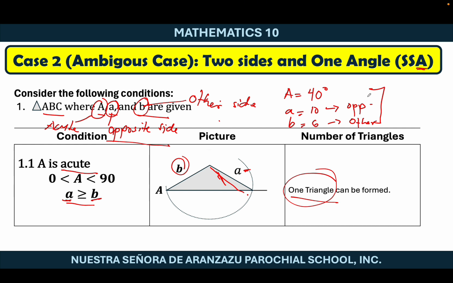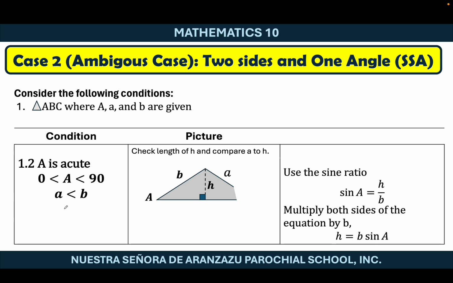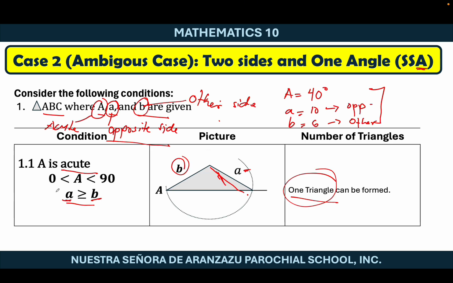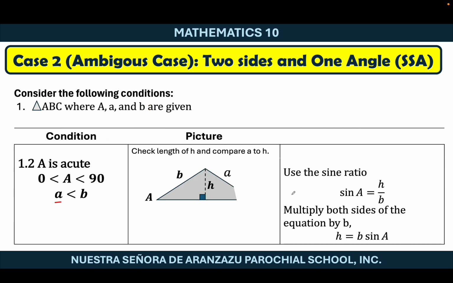Naintindihan? Okay, next. Dito sa first criteria, basta greater than or equal, automatic one triangle yon. Now, itong pangalawa, pangatlo at pang-apat, when your a is less than b, paano mangyayari yon? Let's say, angle A is 40 degrees ulit, then your a is 5, then your b is 10.